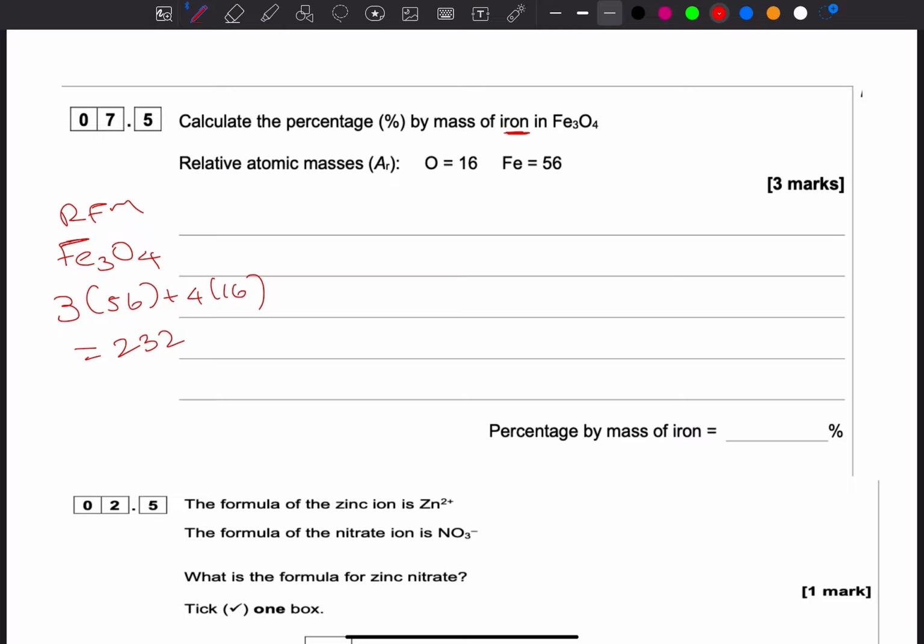And they want iron. How much iron is there? 3 times Fe is 56, over the total relative formula mass of 232, then you times it by 100, which gives you an answer of 72.4%.